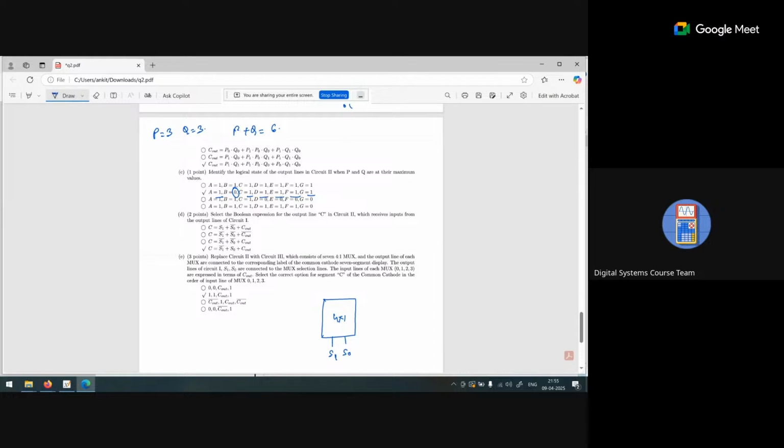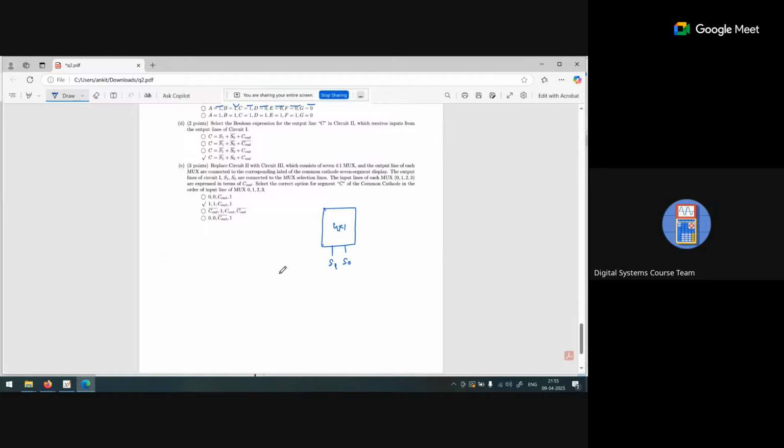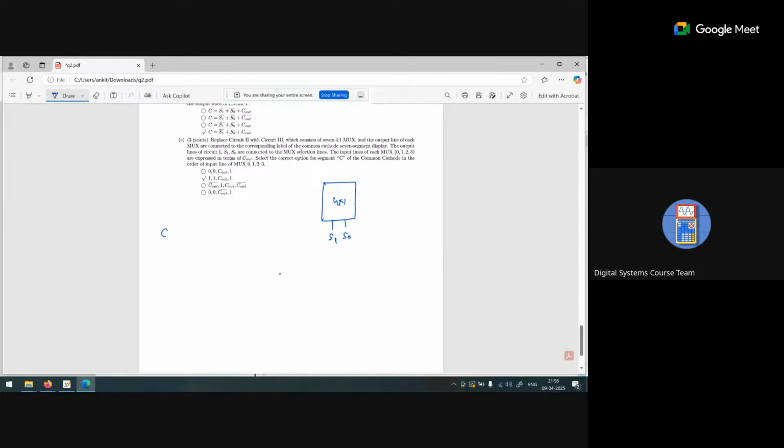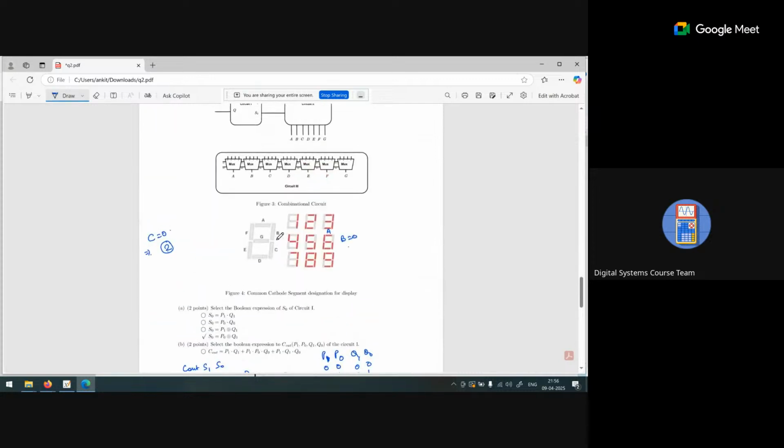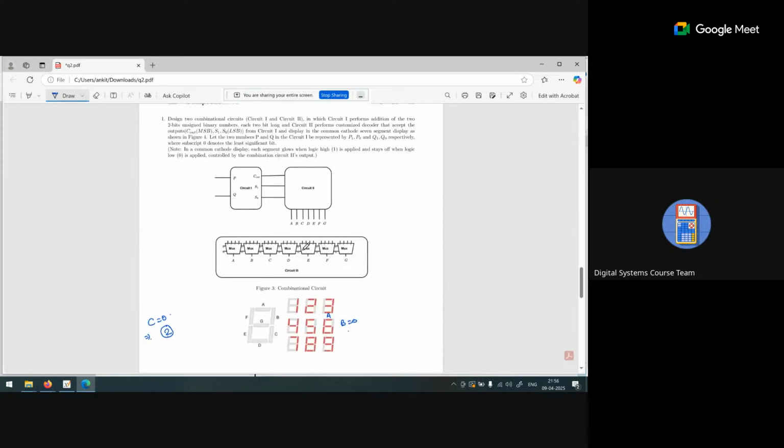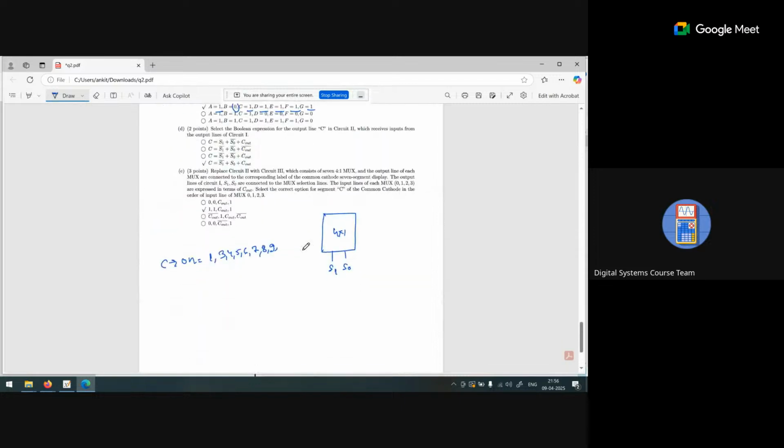Now we know that the C line will be on when we display 0, 1, 3, 4, 5, 6, 7, 8, and 9. But we have a 3 input, so the maximum we can display is 7.